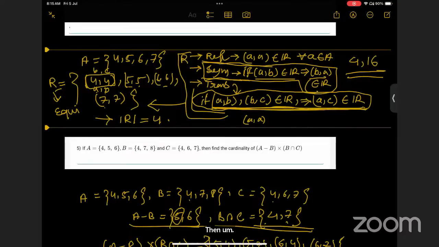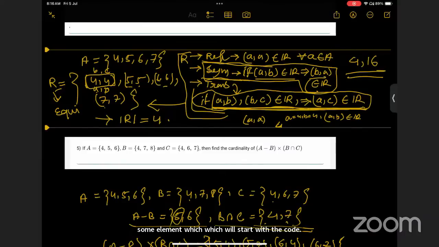If we take a as 4, b as 4, then we have (a,b) in R. So is there any (b,c) in R? (b,c) means some element which starts with 4, right?